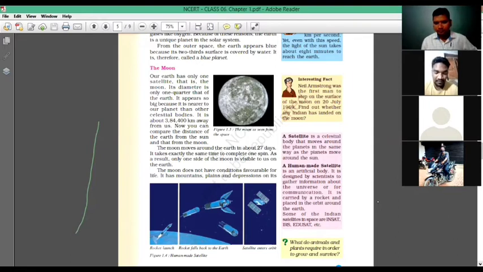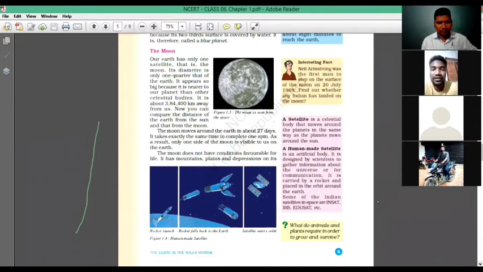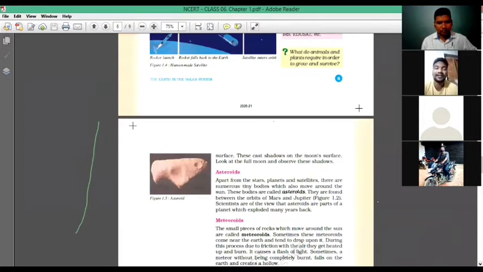If I summarize, we all know the position of the Earth in the solar system and the position of the Sun in the solar system.